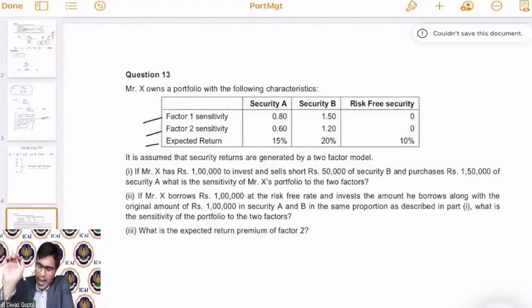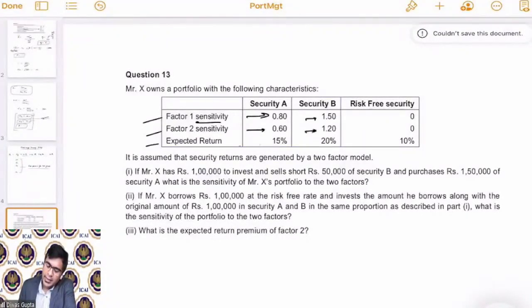Correct. And they say that the sensitivity means beta. So beta for factor A is this, security B is this, and the returns are also given. Risk-free security, what is the beta? If you see, it's 0 here. Correct. Because risk-free is not related to any factor. Because it's all riskless.